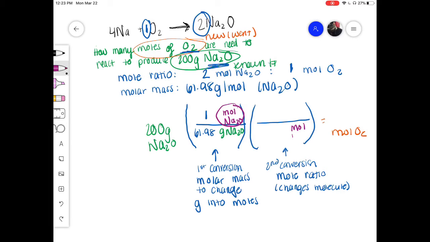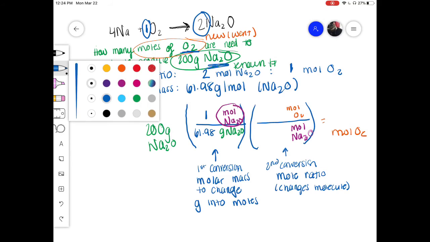So we put moles of Na2O on the bottom, because it was our new unit in the first conversion, and now it's our old unit because we have to change from moles of Na2O to moles of O2. Moles of O2 are our new unit, so we put that at the top because that's what we want our answer in. Now we can change from one substance to the other.